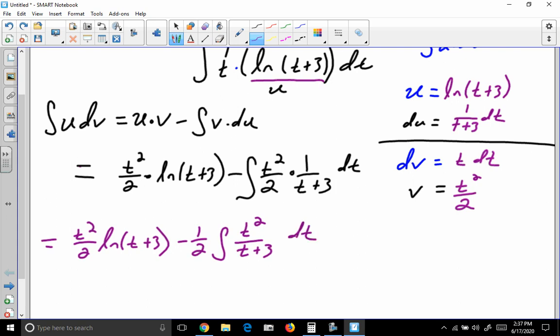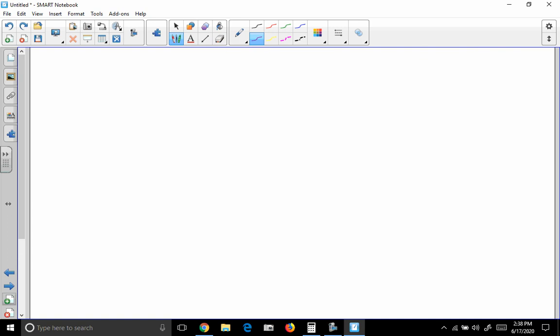Now, if you look at that integral, notice that is an improper fraction, so we have to divide that out. So let's go ahead and go to another page and say, how do we integrate t squared over t plus 3 dt? So we're going to divide t squared by t plus 3.